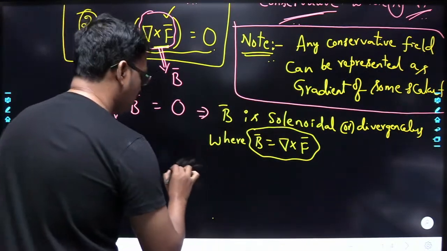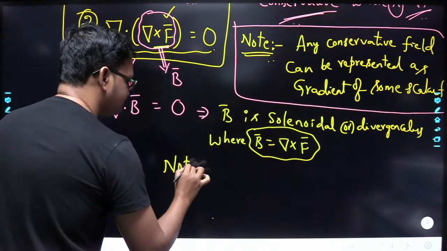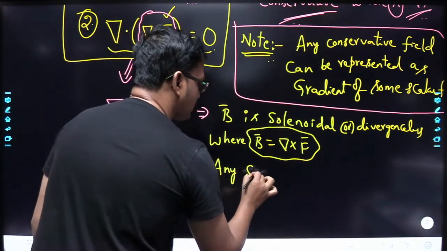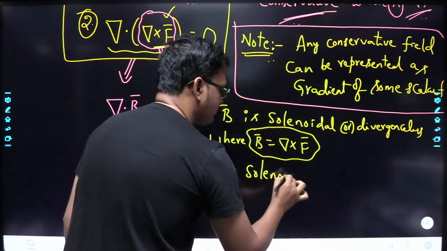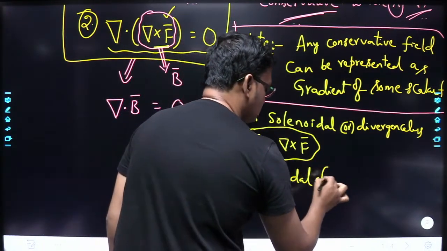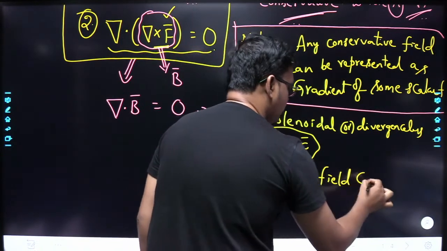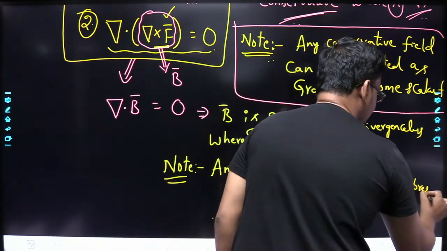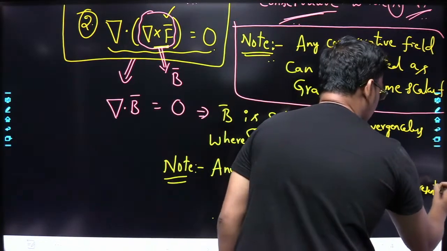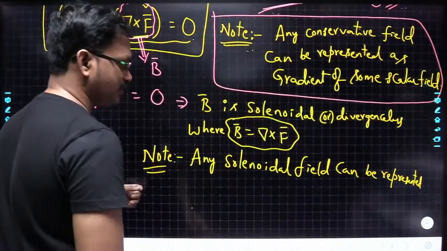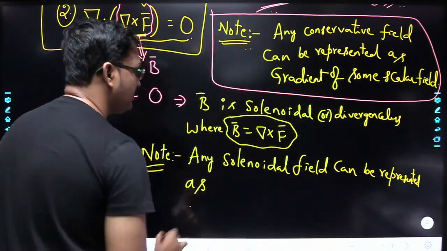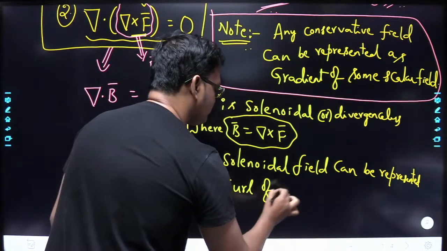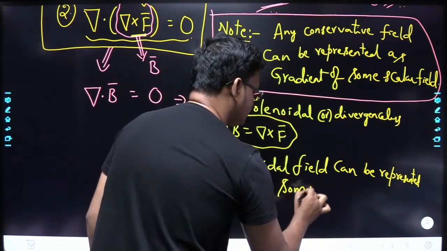You make a note here: any solenoidal field can be represented as curl of some vector field.